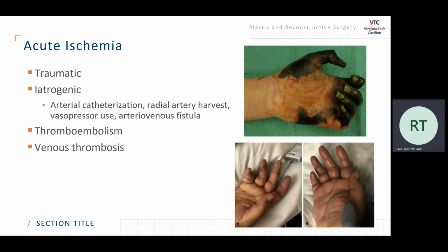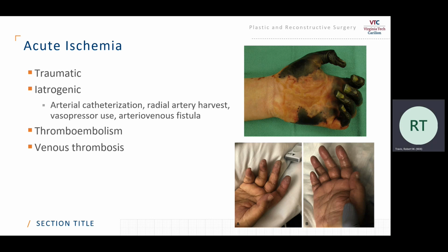However, indwelling catheters like an A-line have been known to cause permanent ischemic changes in up to 0.09% of patients. Another thing you'll come across is vasopressor use, which can result in digital ischemia in up to 2% of patients on high-dose vasopressors.